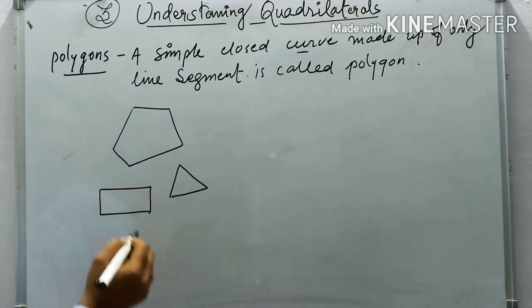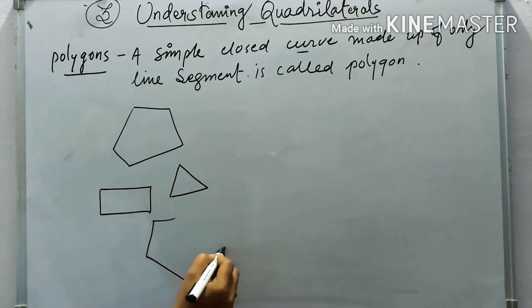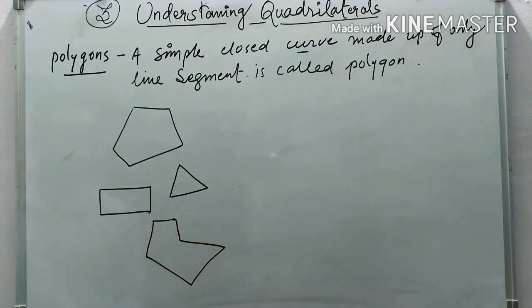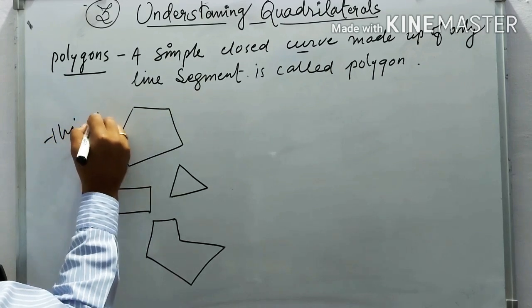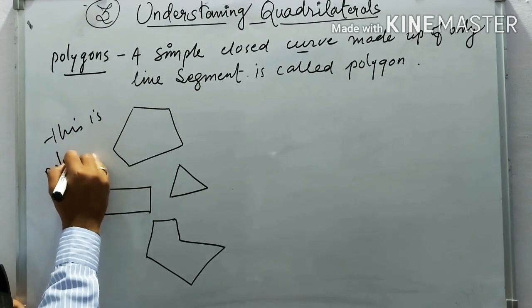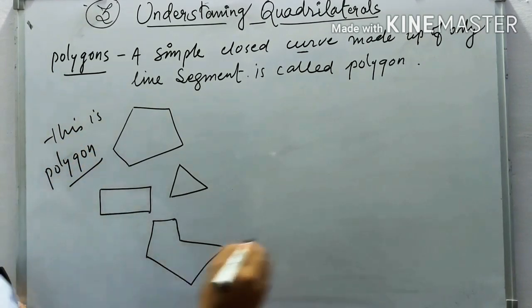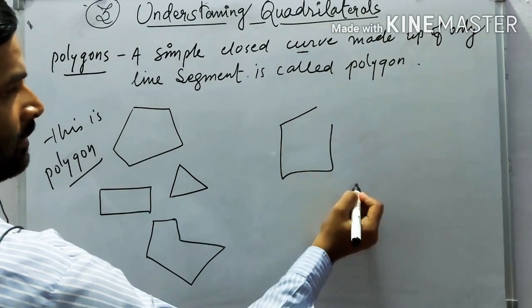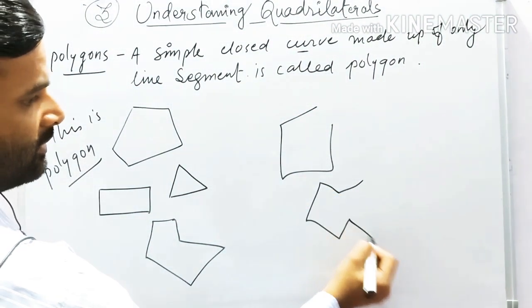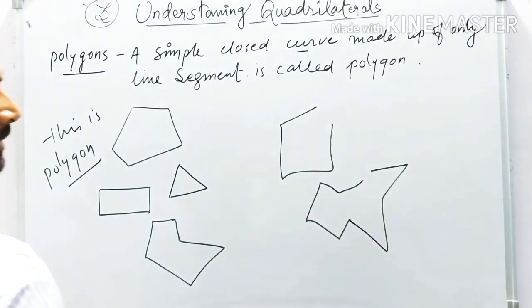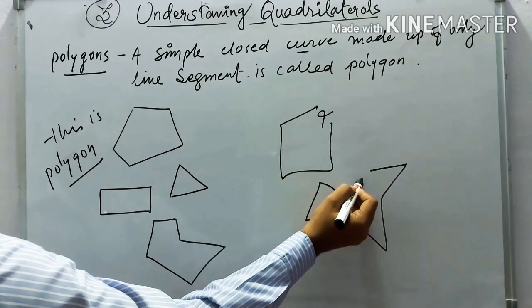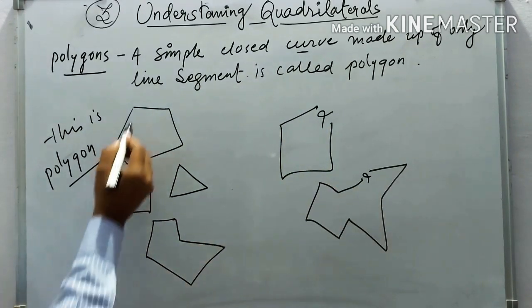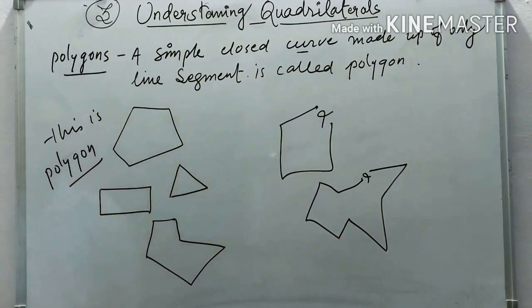This is a polygon, and this type of diagram is not a polygon because the starting point and ending point are not joined. When the starting point and ending point are all joined, it is called a polygon.